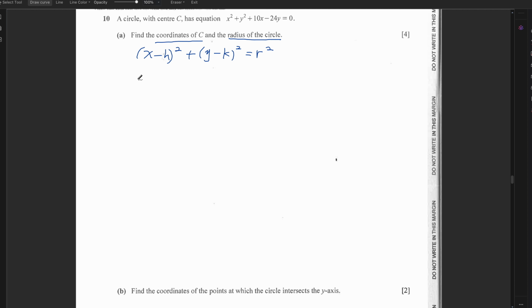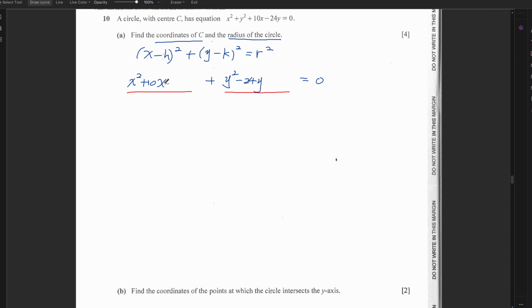So keep all the x at one side: x² + 10x + y² − 24y = 0. Let me change the color. Let's just complete the square for x and y.